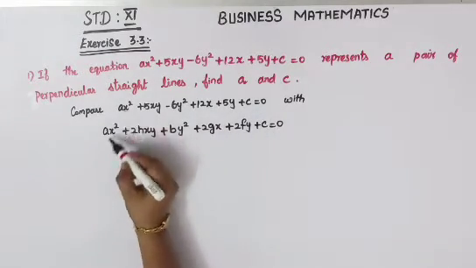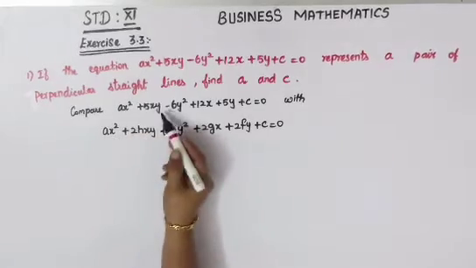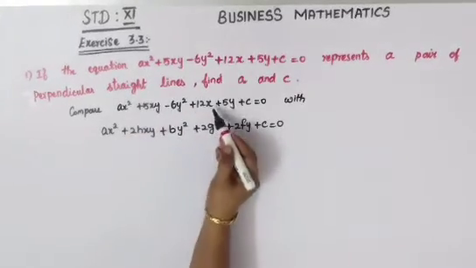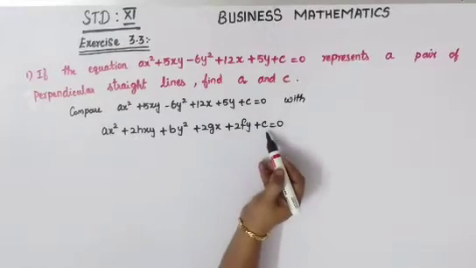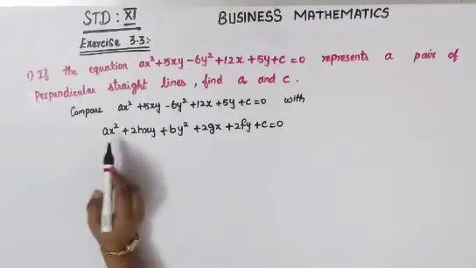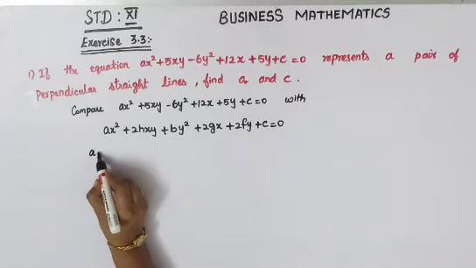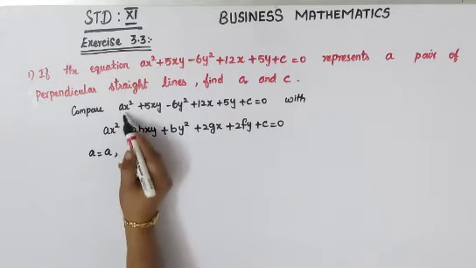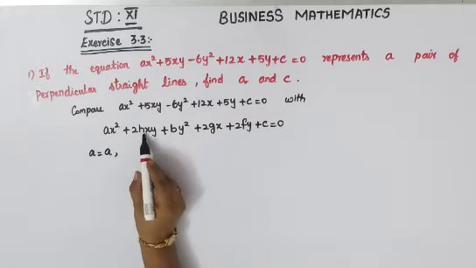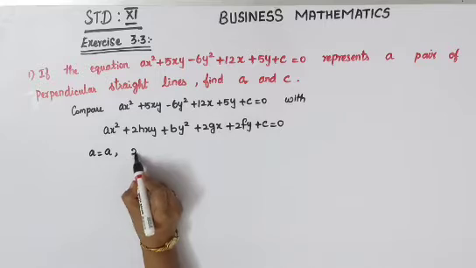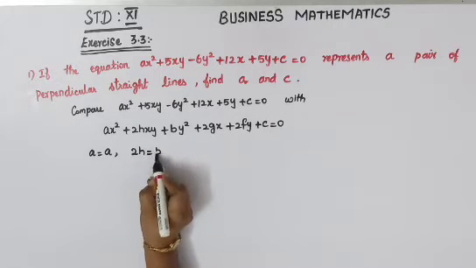So we'll have to compare the coefficients of x², xy, y², x, y, then c. Here ax² and here also ax², so a = a. Now 2h = 5.